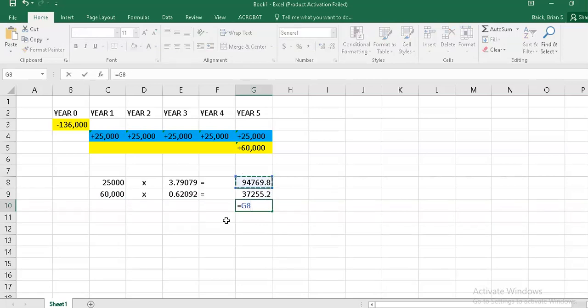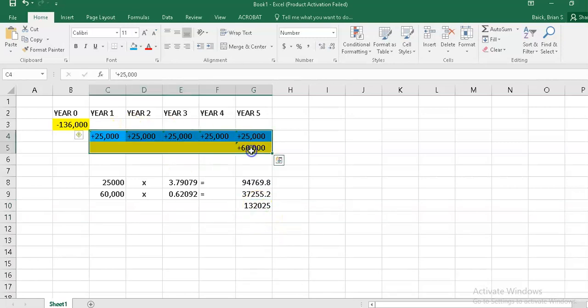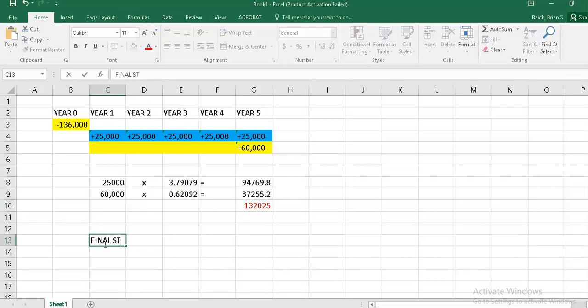So let's add these two together. All of this money that you get in the future, if you were to figure out what it's worth right now, it would be worth 132,025. It would be worth this number here. Now the final step is net present value. Net means combine everything together. What is the present value of all of the money you're going to get in the future?